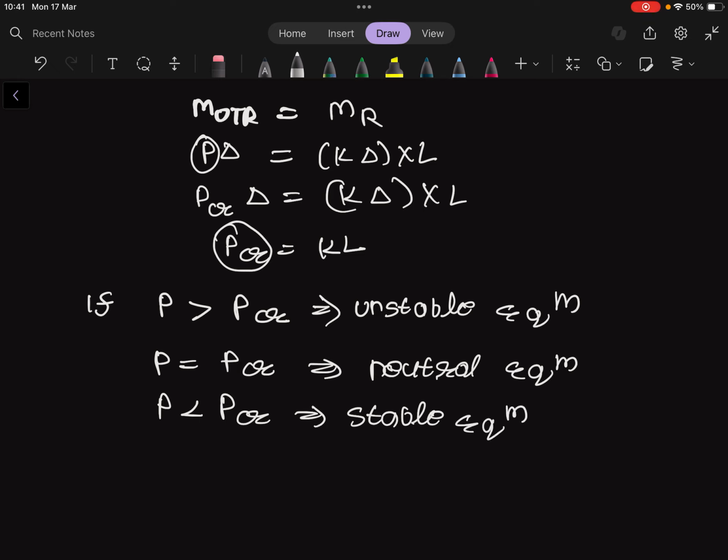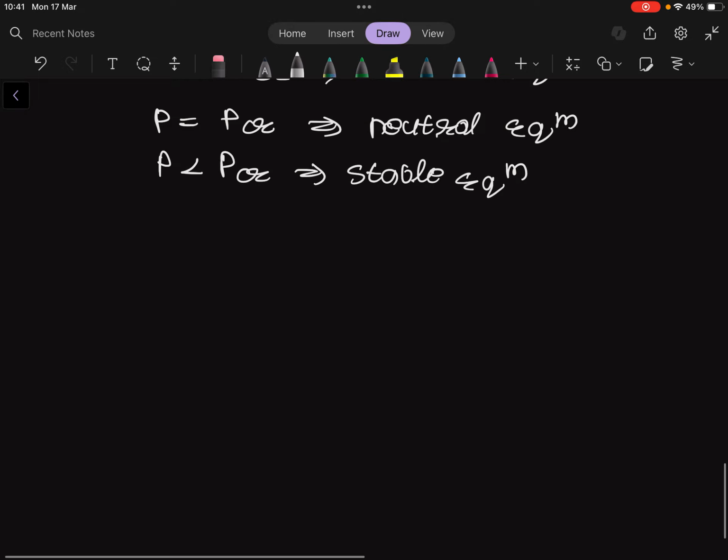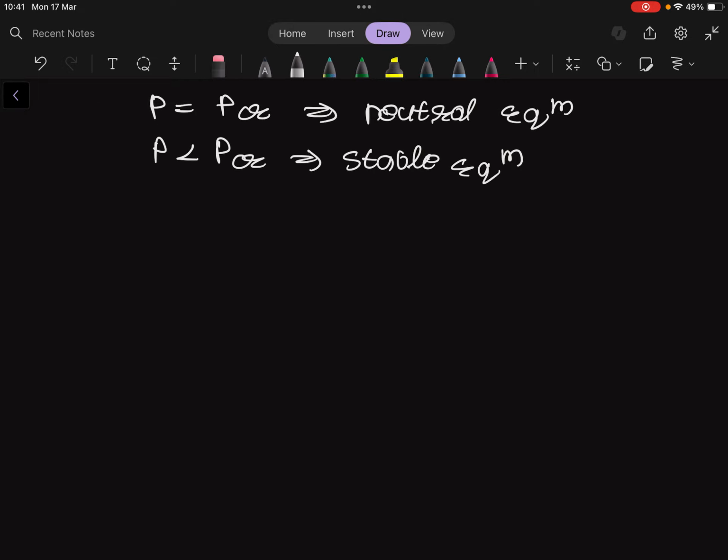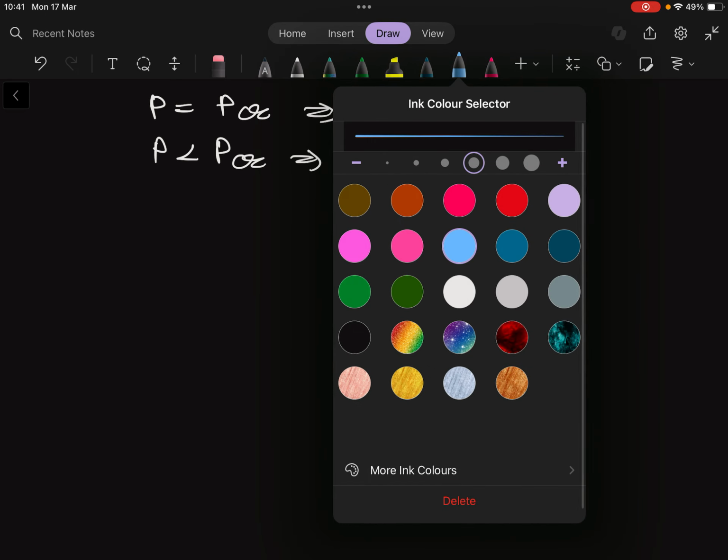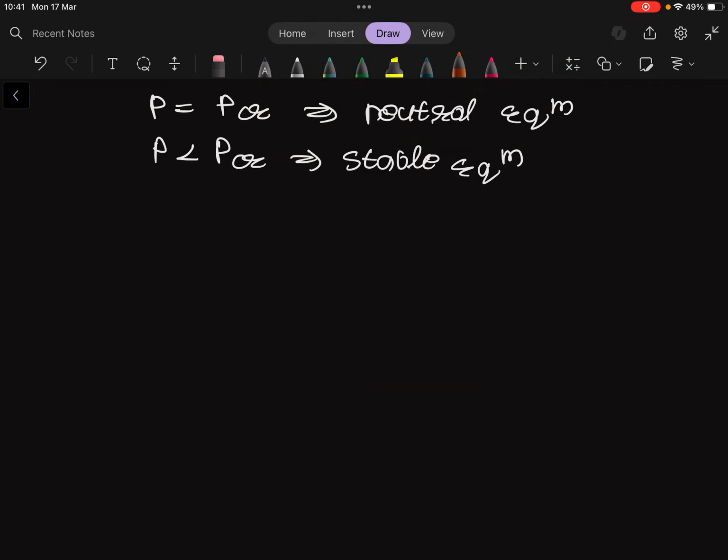Now let's understand with the help of some examples, like some numericals. So the question is, suppose we have an arrangement something like this. This is spring 1, K1, and it is connected to our column member here.